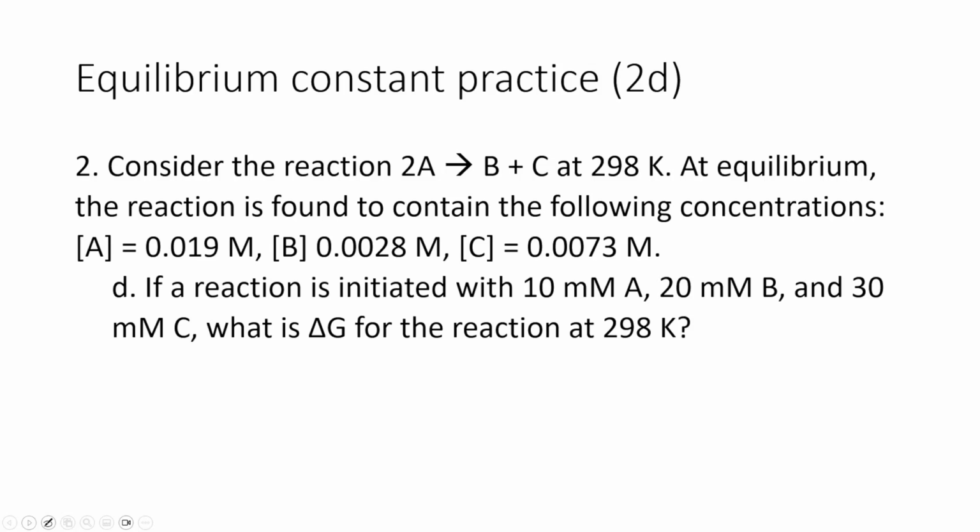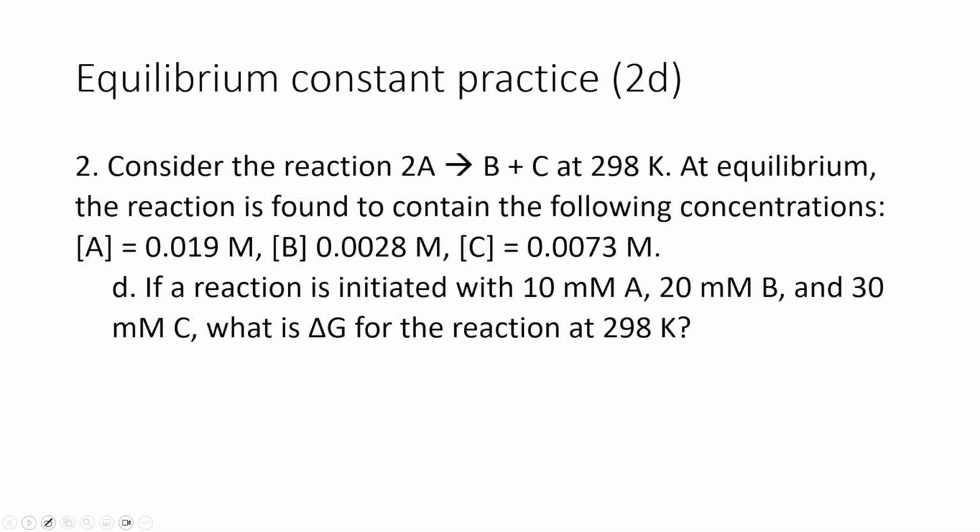Now we're initiating our reaction with 10 millimolar of A, 20 millimolar of B, and 30 millimolar of C. Now we want to solve for delta G when the reaction is done at 298K. Does anybody know what equation we might want to use to solve this one? We have these non-standard conditions, or we're looking at a reaction at a particular point during its progress.